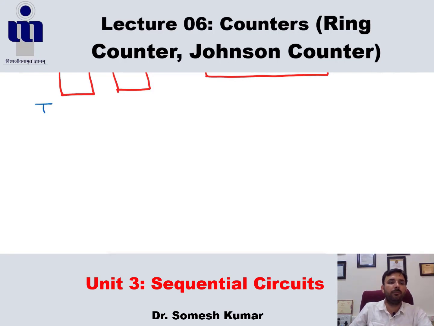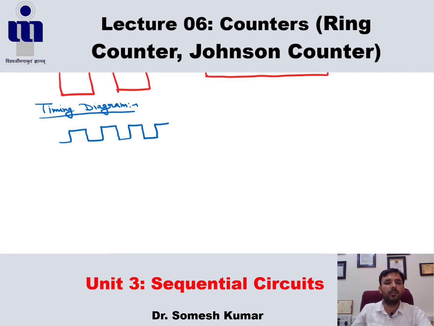Now we will study the timing diagram of our ring counter. So basically in the timing diagram we will first draw the clock. So you know in the 4-bit ring counter the maximum possible number of states is 2 to the power n, meaning 16.